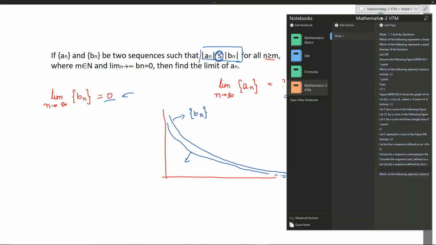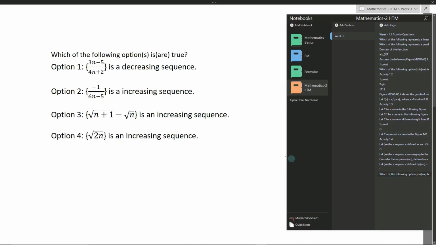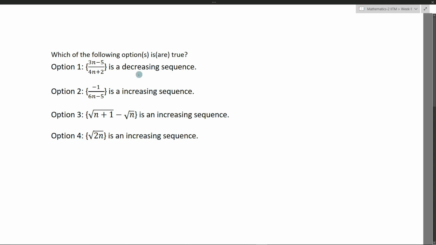So moving on to the next question. We have to find out whether the given functions are increasing or decreasing functions. So let us start with option 1. Option 1 is 3n minus 5 divided by 4n plus 2. To find this out, we can easily substitute n as 1, 2, 3, 4, etc. Right?